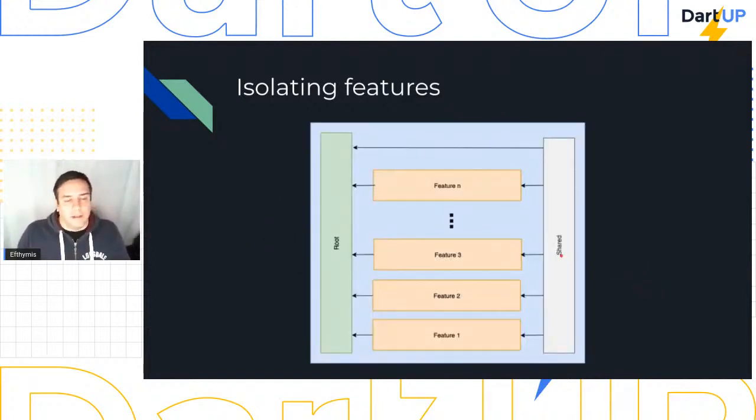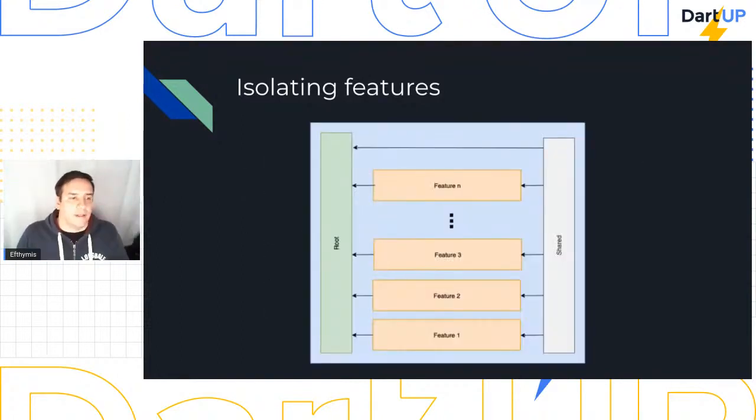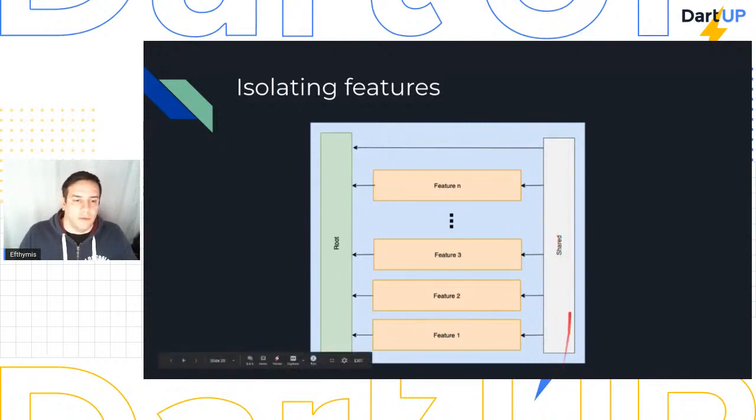So basically, this can be translated into a graphical picture, something like that. You have your shared code in a shared package or in a shared folder that we can create a package out of.